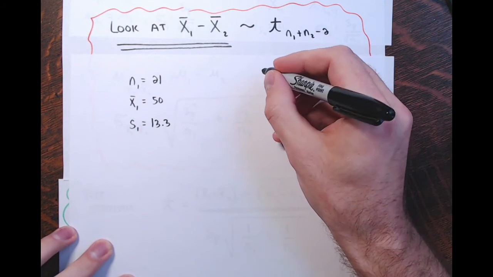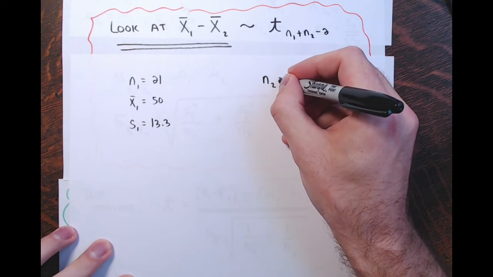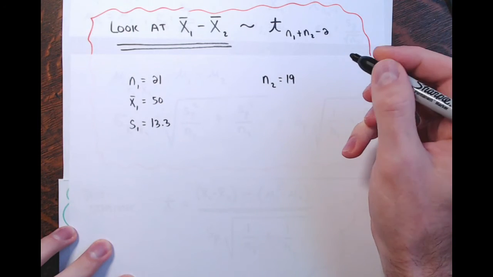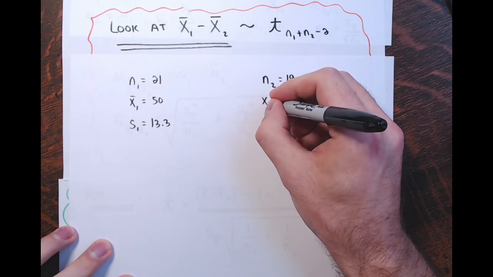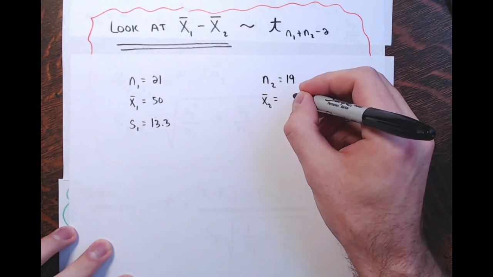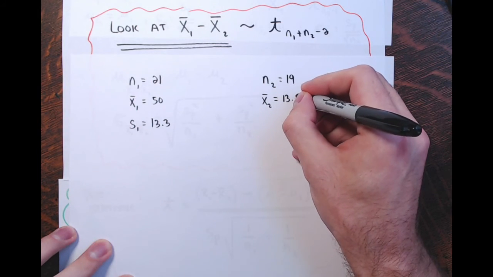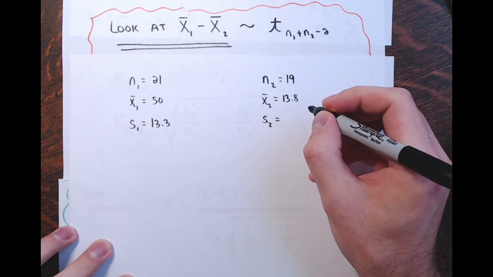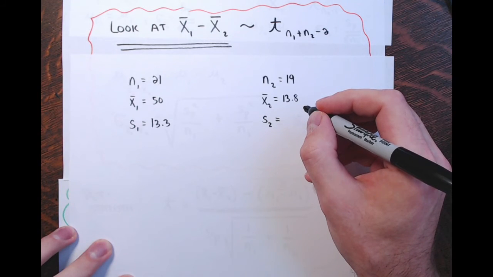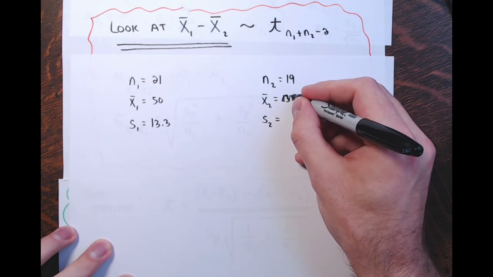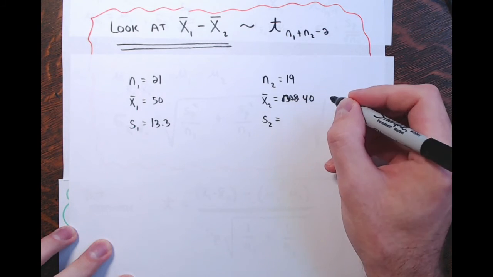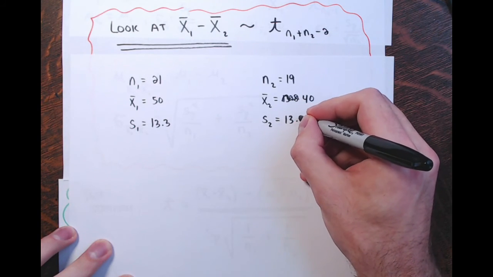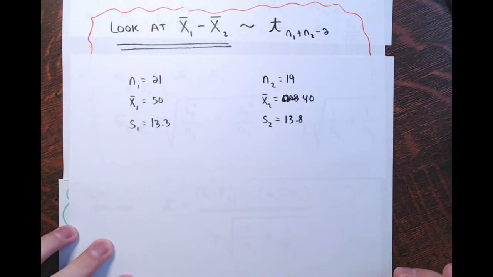And then for sample 2, the sample size is 19. The second sample mean is, oh, I'm sorry, the second sample mean was 40, my bad. And the second sample standard deviation was 13.8.